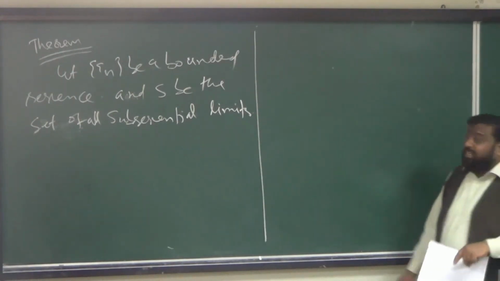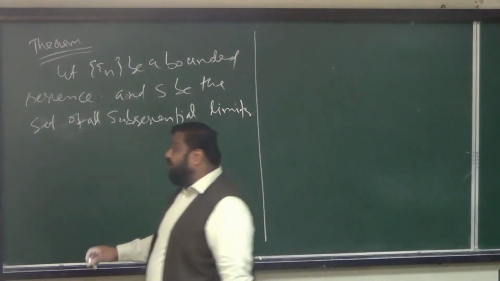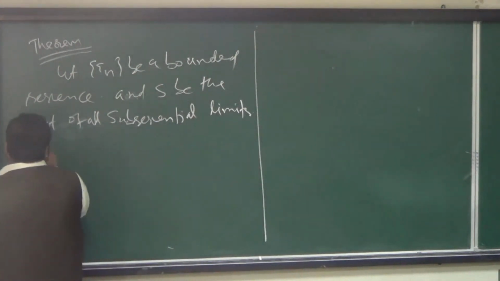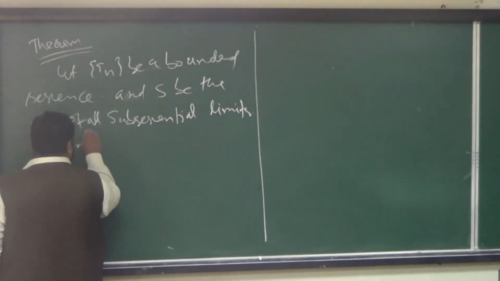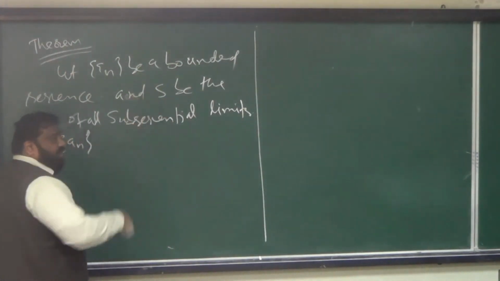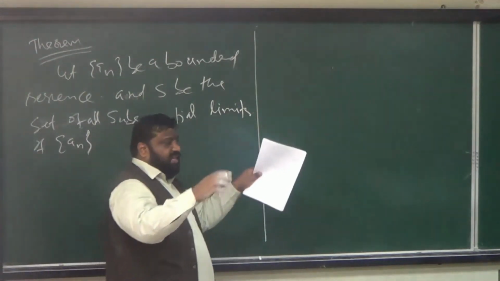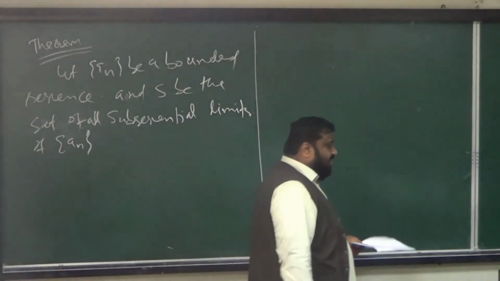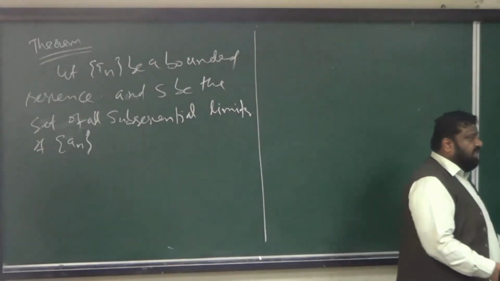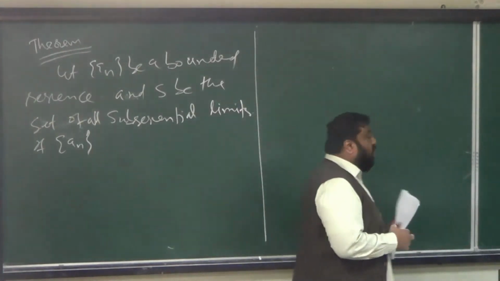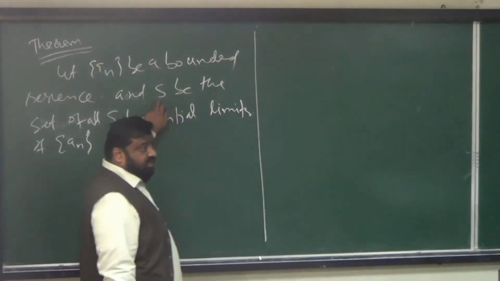Anyway, so let S be the set of all subsequential limits of AN. Okay, so it's a collection. So imagine that AN has lots of convergent subsequences, and we have put all of their limits in this set.